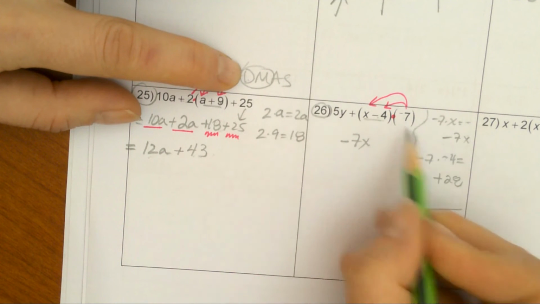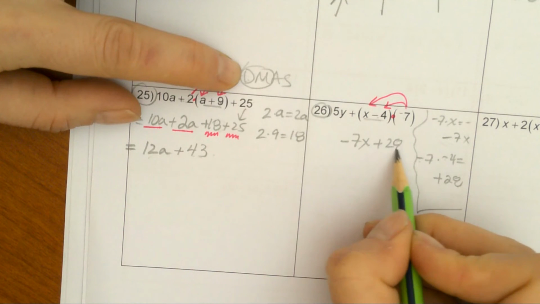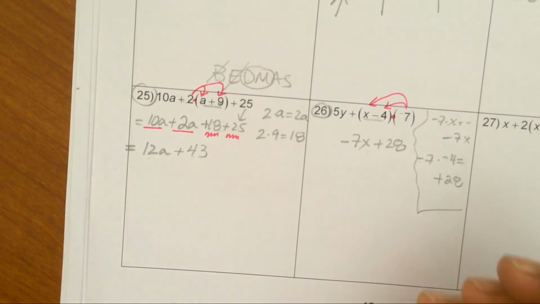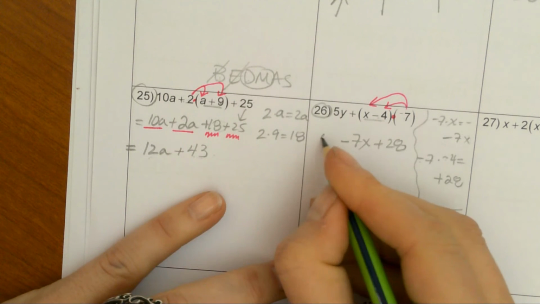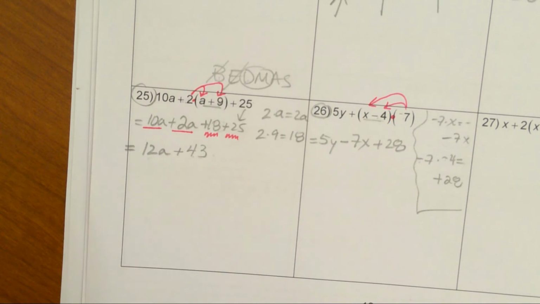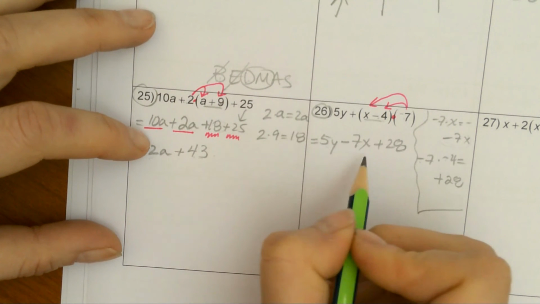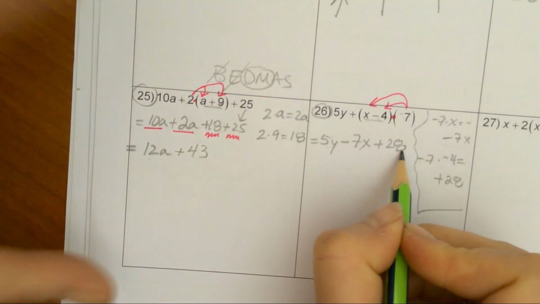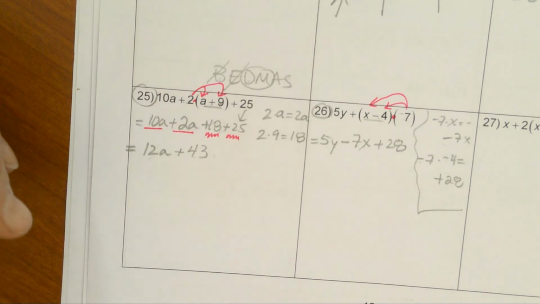So here it's a positive 28, so I have to put plus 28. Oh, there's a 5y at the front, so I have to copy him down. So now, which ones go together? Well, these are letters, variables, but that's an x and that's a y, and he doesn't have any variables. So I can't put anything together, so I have to sort of leave it like that.